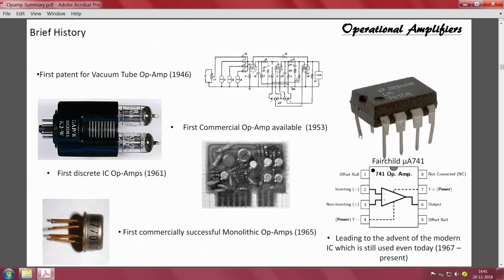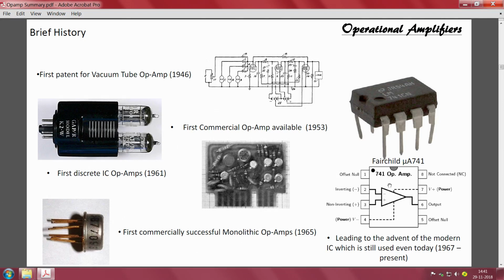So, let us see quickly operational amplifiers, and this is just knowledge that the first patent for a vacuum tube op amp was in 1946, the first commercial op amp available was in 1953, then the first discrete IC op amp in 1961, followed by the first commercially successful monolithic op amp in 1965, and then from 1967 onwards, leading to the advent of the modern IC, we use even today the 741 generalized op amp.